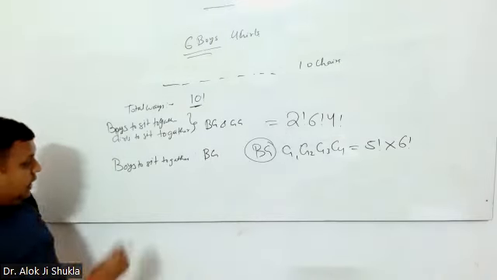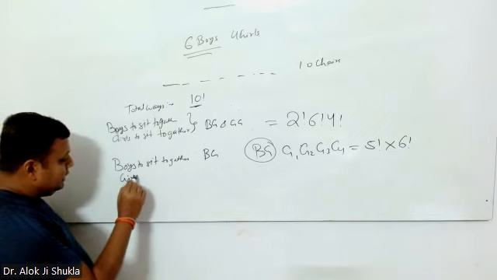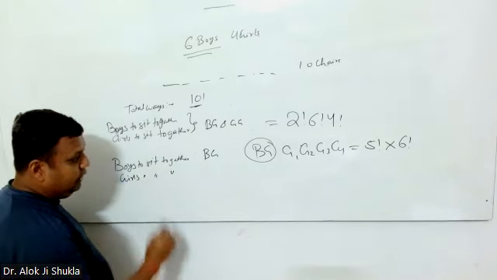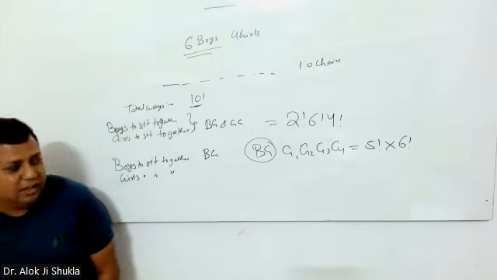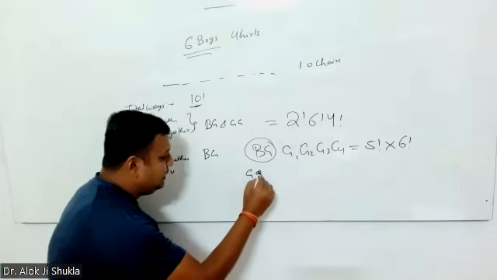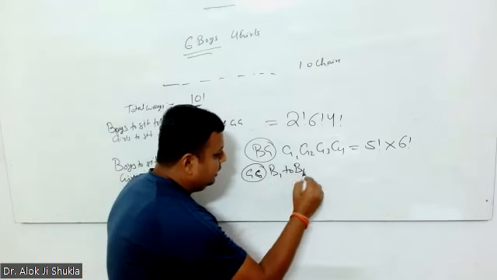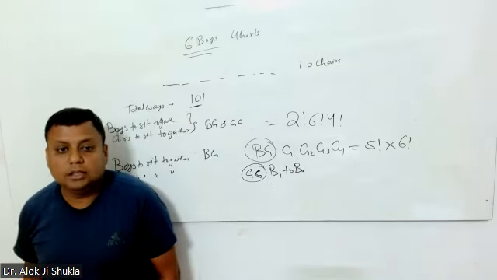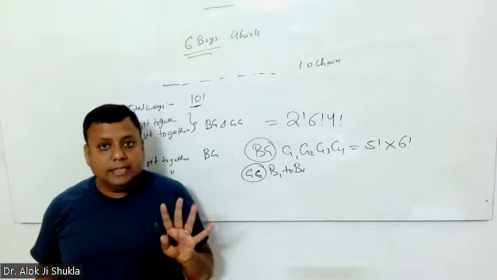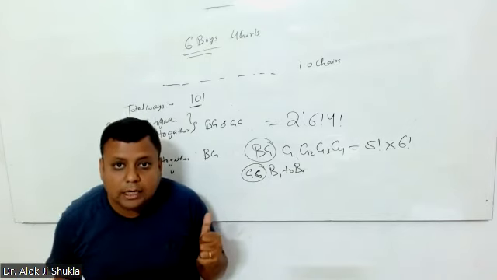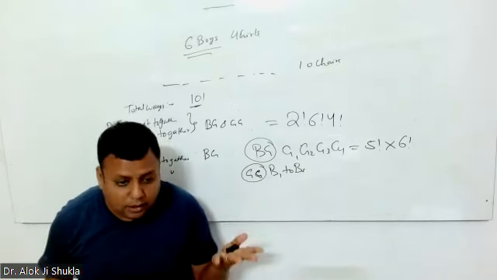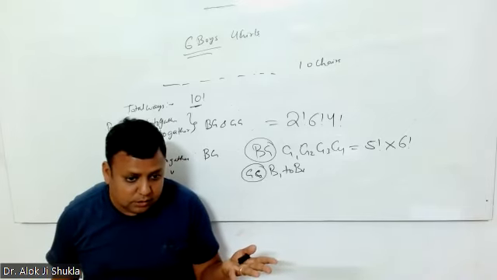Okay. Similarly, if I want girls to sit together, but boys can sit anywhere, then we'll have a group of girls and B1 to B6, 6 boys. So what is the total number of objects? 7. Can you answer? 7.